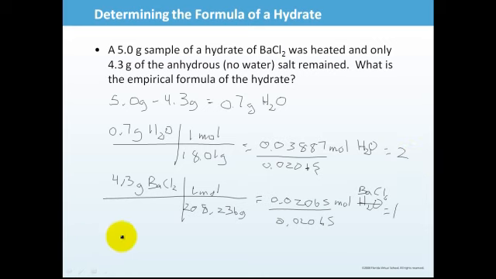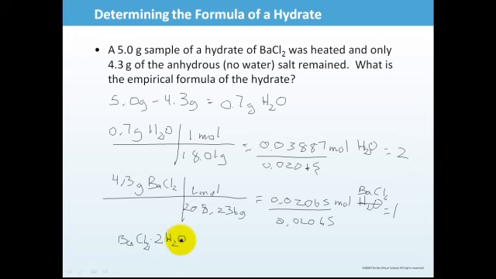So now those become the coefficients, if you will. So we have BaCl2, right, because the coefficient there is a 1. We don't write the 1s. And then we have our dot, and then we have 2 waters, so we just have 2 H2O.